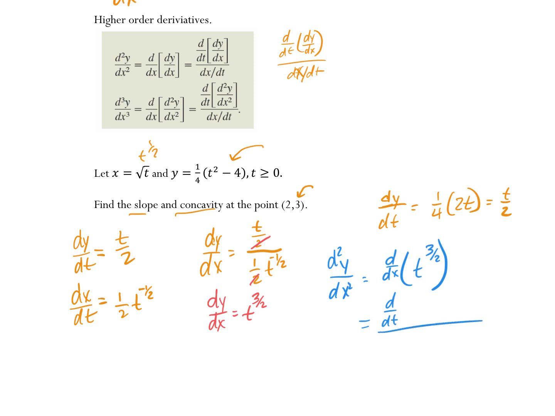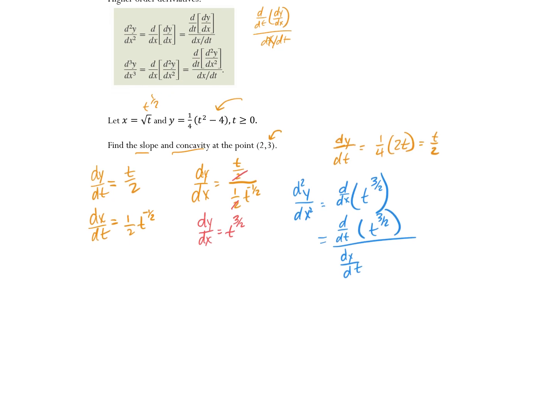It's almost like I'm going to take that d/dx and turn it into d/dt over dx/dt. So now I'm taking the derivative of t to the 3/2 with respect to t, over dx/dt. This is starting to look kind of fancy. The derivative of t to the 3/2 would be 3/2 t to the 1/2, over dx/dt. We already found dx/dt. It is 1 over 2 t to the negative 1/2.